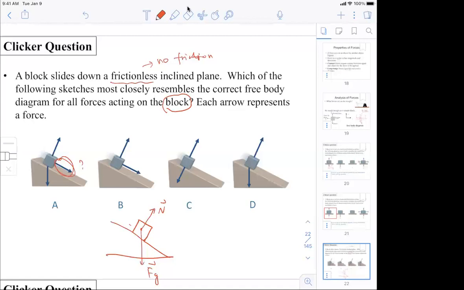There is nobody dragging the block down, pushing the block down. So this force probably doesn't exist. I understand that you want to draw that because the block is sliding down. You feel like there is a force making it go down. So what is responsible for the block sliding down? What do you think?